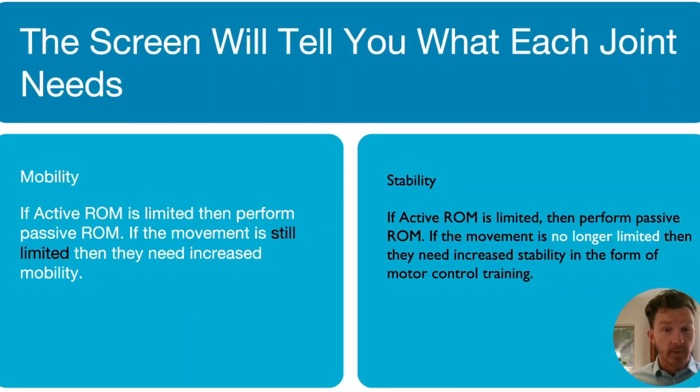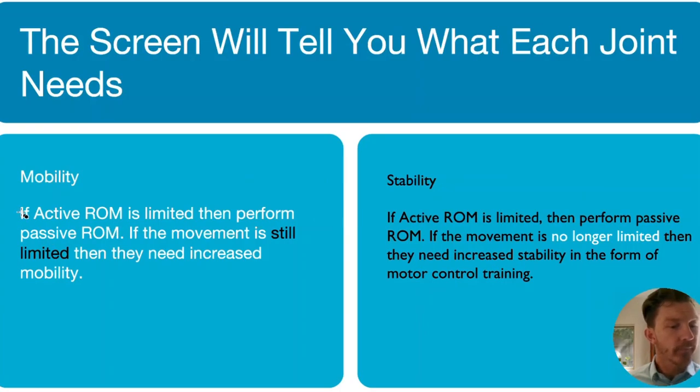So the screen will tell you what each joint needs. This is getting a little bit into the weeds, but this is basically what I'm looking for. I'm looking to see if mobility is needed or if stability is needed, and I'm following that repeatable logic. You haven't done the screen, but just so you know, we're doing active movement and passive movement.